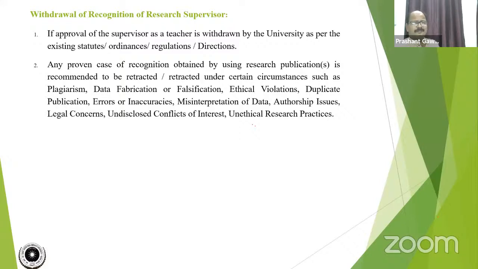In Maharashtra, there is the Maharashtra Public Universities Act. There is a provision under the statutes, but somehow the uniform statute is not published. That's why the ordinances, regulations and directions are published, and in that case there is a withdrawal.